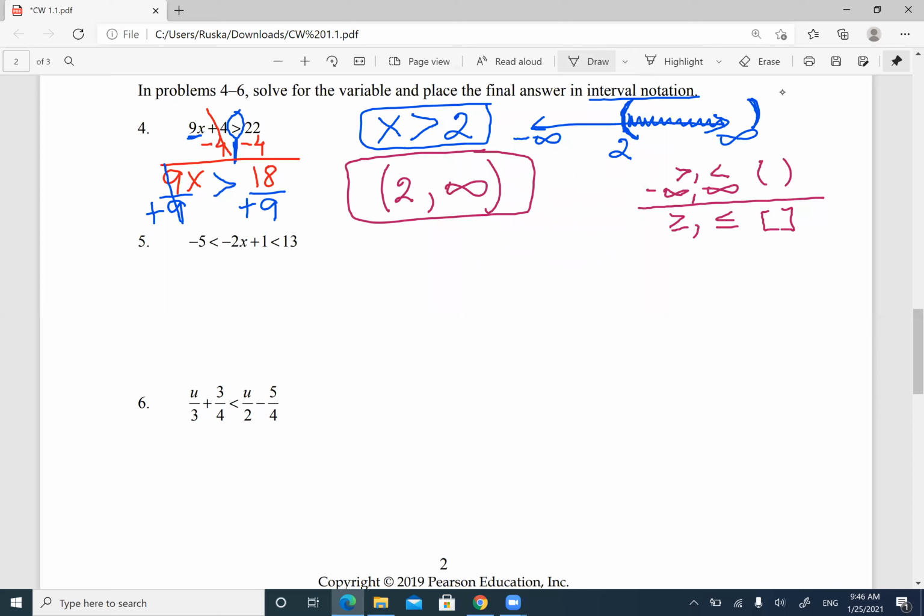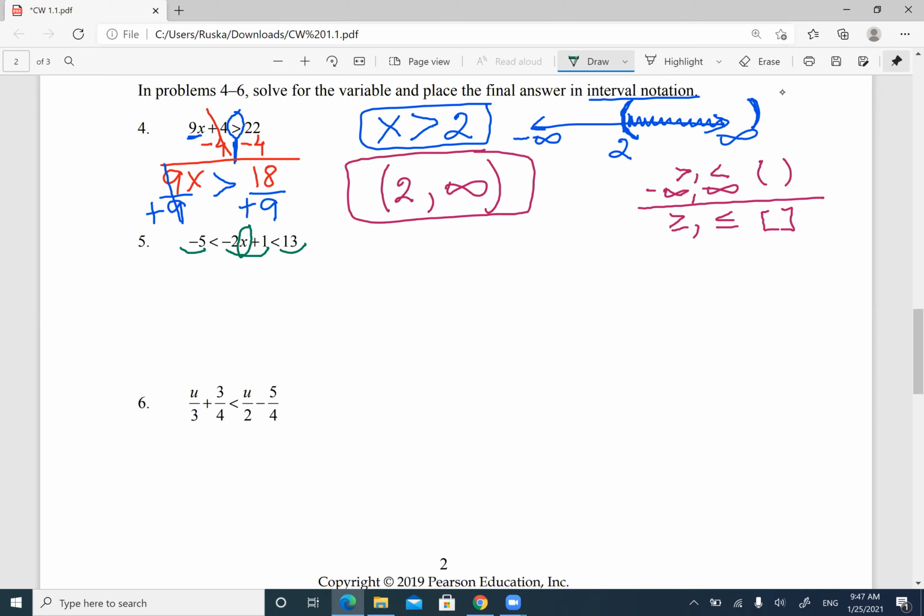Okay. Then you're going to go to the next inequality, and this inequality has kind of 3 sides. So you have negative 5 is less than this and is less than 13. Inequalities like this you solve by getting x by itself in the middle, and whatever you do, you do to the 3 sides.